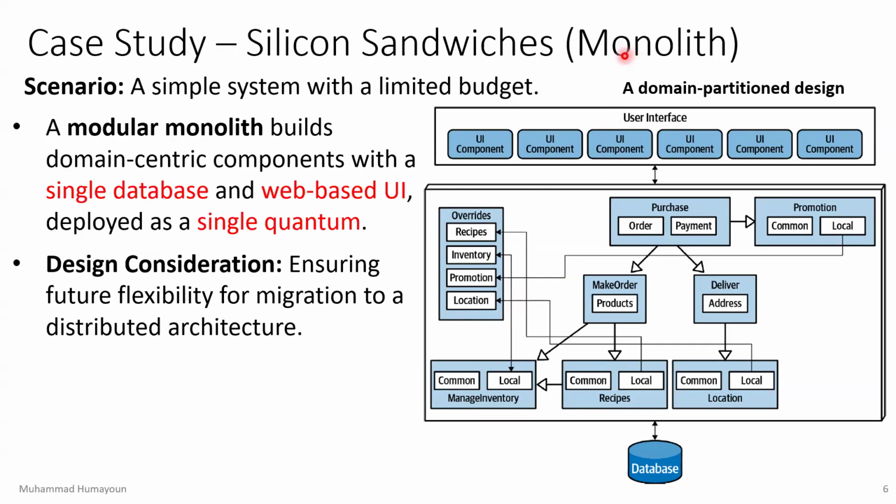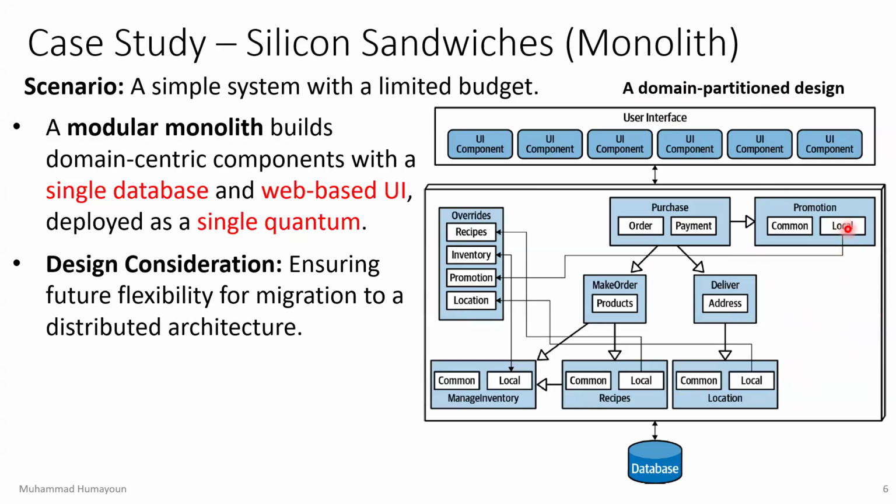So we have a modular monolith that builds on domain-centric components. You have a single database, web-based components, and UI components, and the design consideration you need to look for is ensuring future flexibility. How do you do that? Since you are following domain partition design, later on you can migrate it into a distributed system, and you can easily convert it to a microservices architectural style.